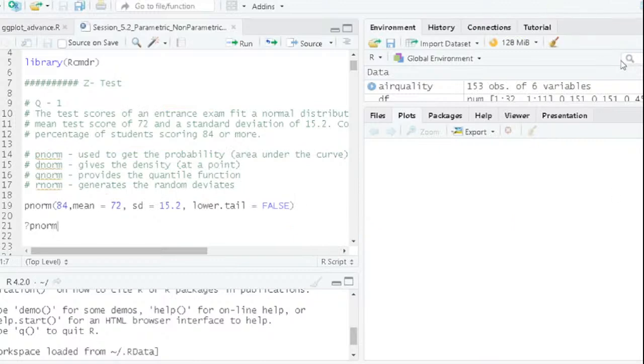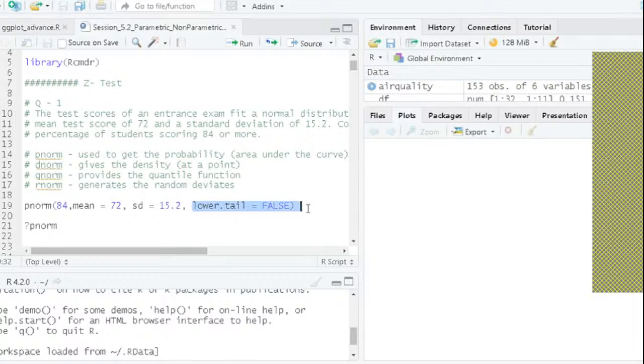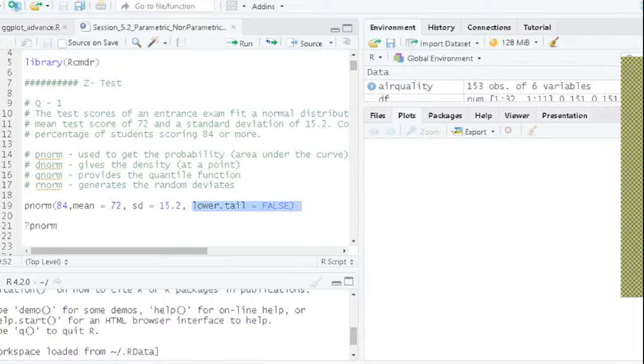Explain the lower tail, please. Yeah, Idris, lower tail equal to false means where exactly your shaded region is. If the shaded region is on the lower side, you are asking P norm to give the probability on the lower side.